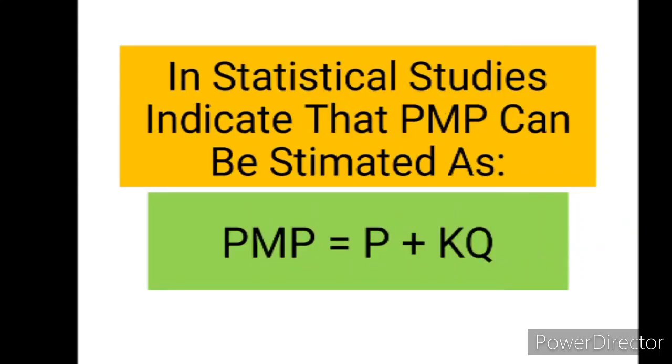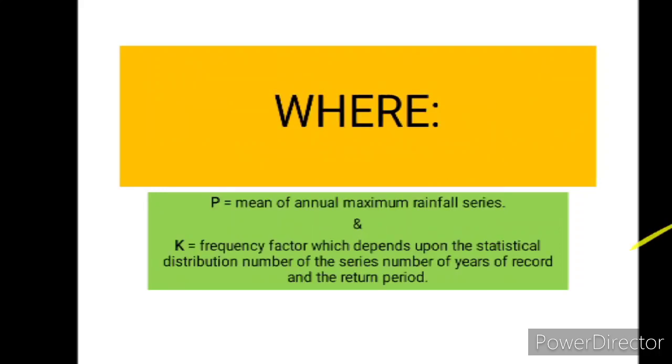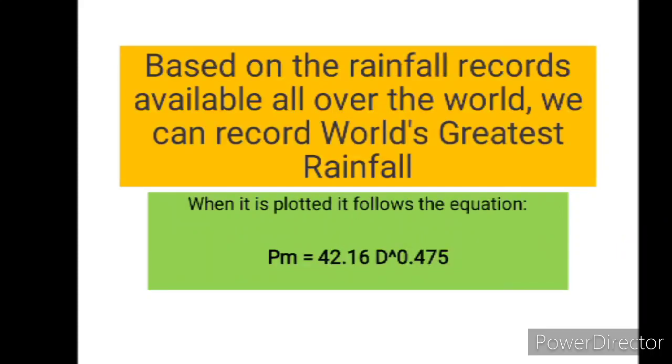Statistical studies indicate that PMP can be estimated as PMP equals P plus KQ, where P is the mean of the annual maximum rainfall series and K is the frequency factor, which depends upon the statistical distribution, the number of years of record, and the return period.